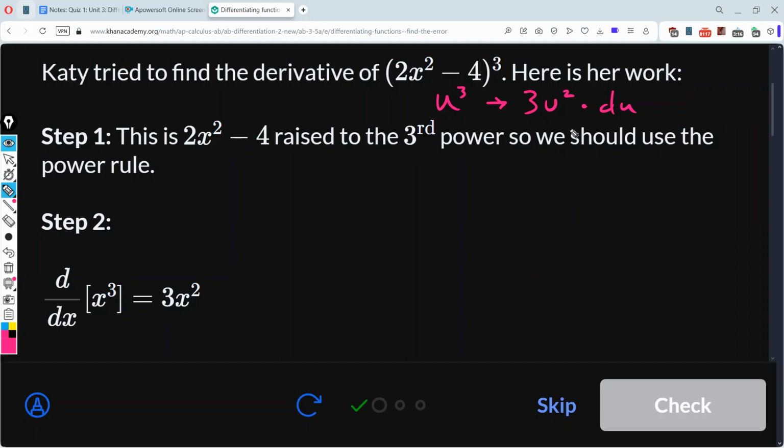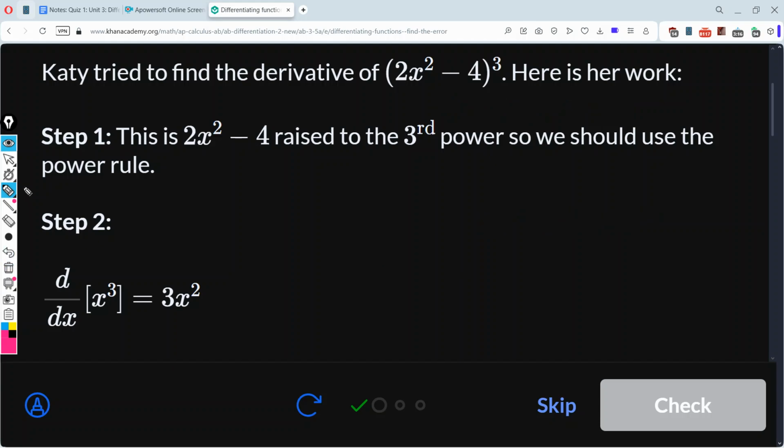Okay, so really, it's not the power rule, because the power rule would just be, say, x to the n, and then when you took the derivative, it would be n times x to the n minus 1. But in this case, you have to multiply by the derivative at the end.